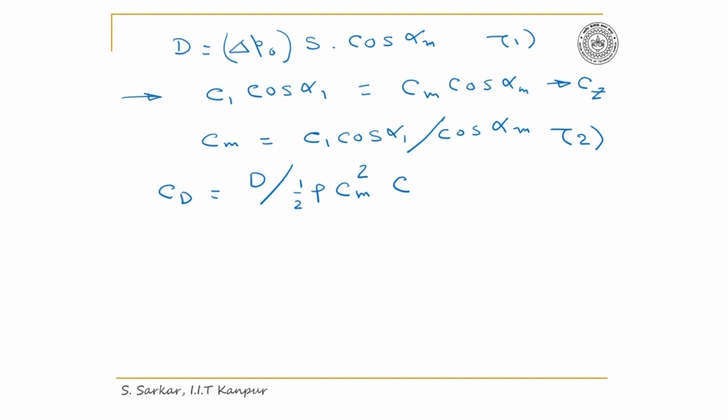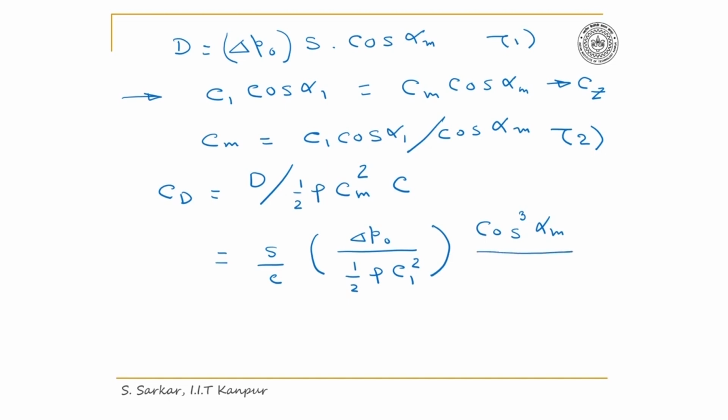So if you do that, the expression of CD would be S by C into del P0 divided by half rho C1 square into cos cube alpha m divided by cos square alpha 1.